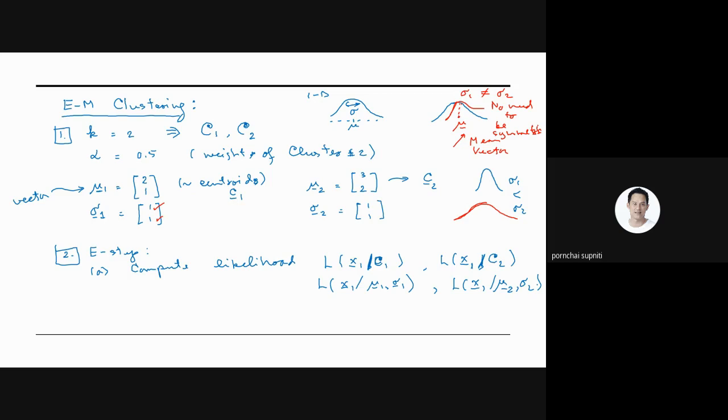Have you been able to finish writing? If you haven't, please tell me. Okay, so we're going to do the same thing. We'll compute like this. On the left-hand side, I have C1, cluster 1, and C2, cluster 2.